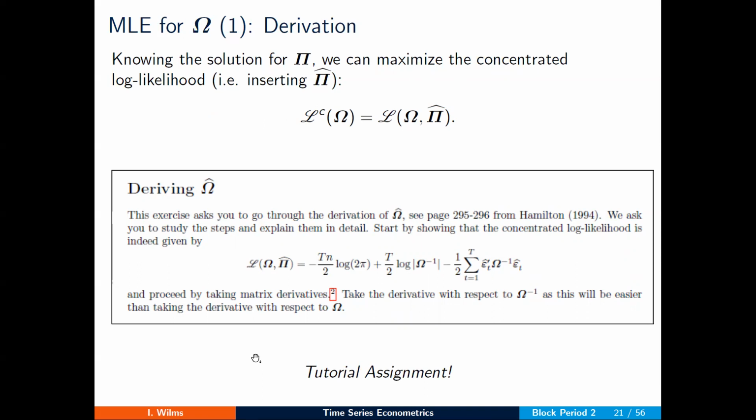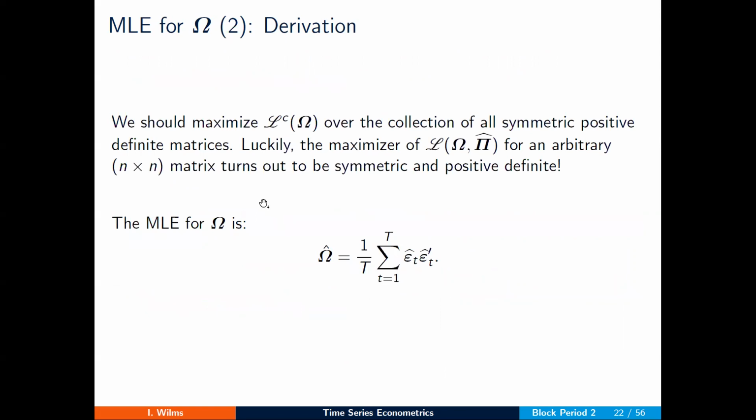In your tutorial assignment, you will first show that the concentrated log likelihood takes on this form. And we should then continue maximizing the concentrated log likelihood over all symmetric positive definite matrices, since omega needs to be symmetric and positive definite. Luckily for us, as we will see in the tutorial, the solution for an arbitrary n by n matrix already turns out to satisfy these properties.